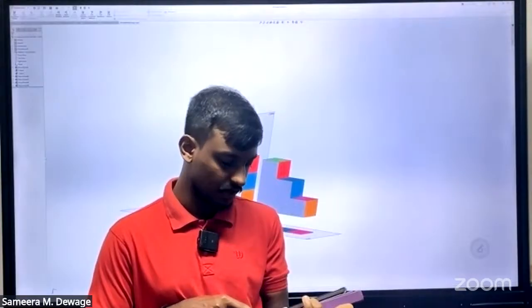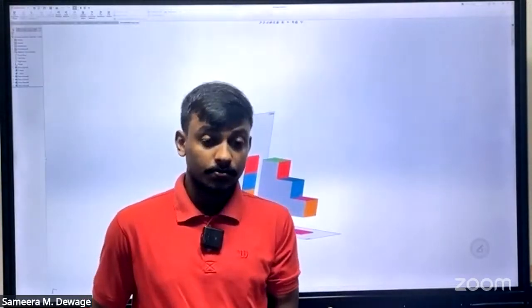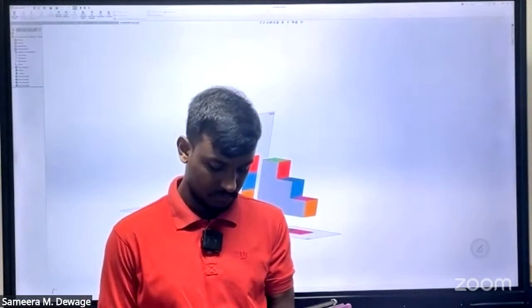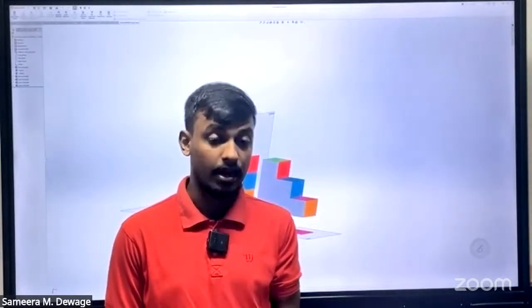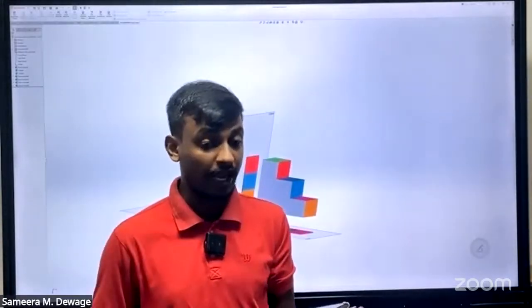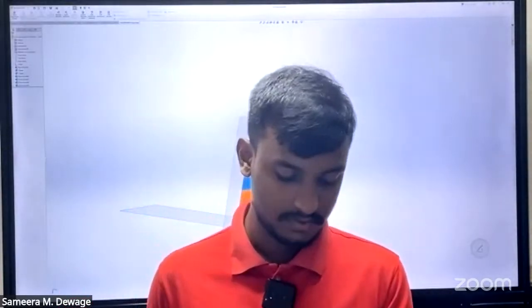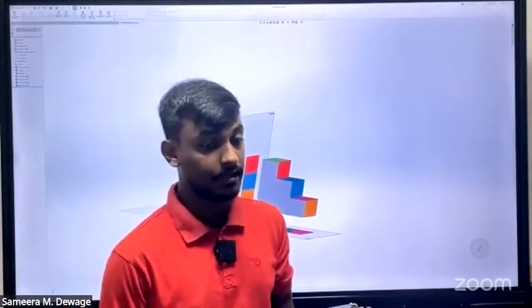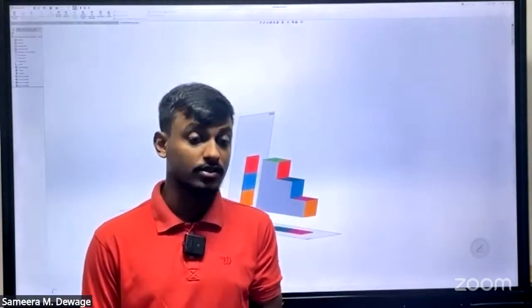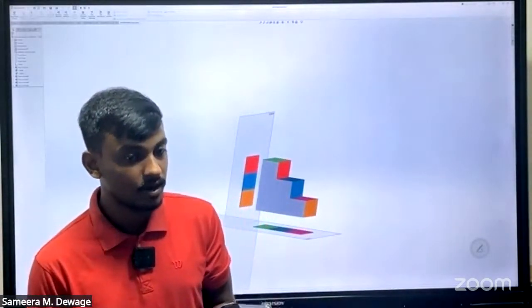And the left side view is shown on the right side.